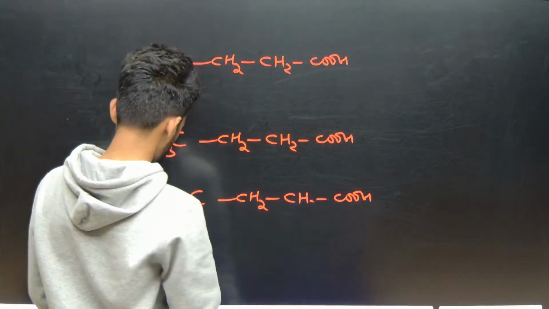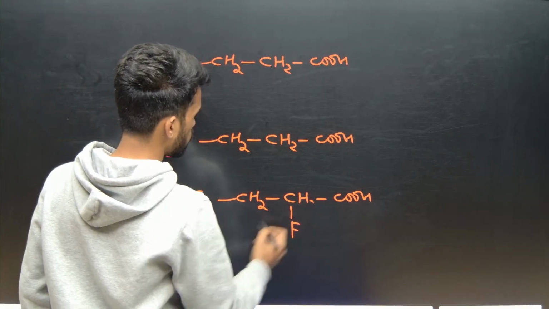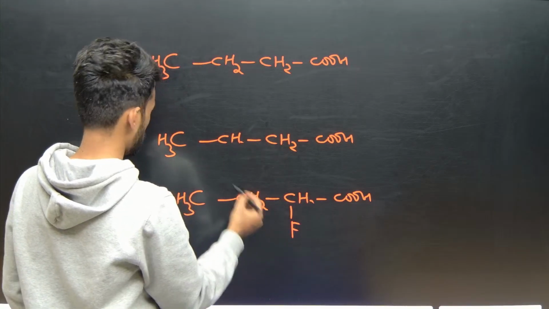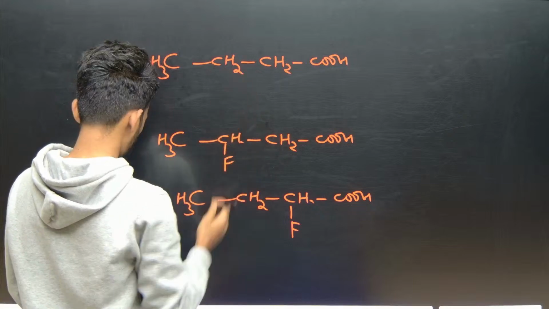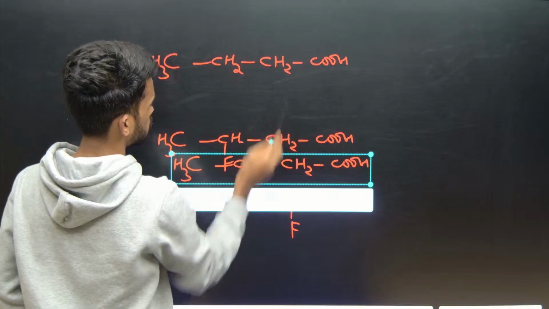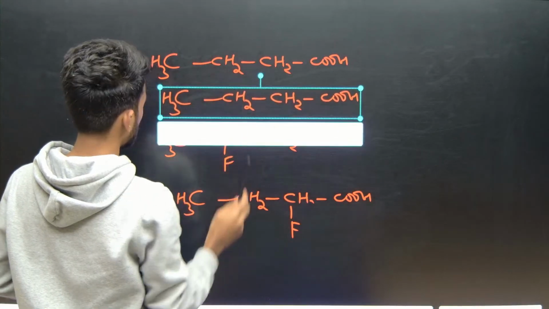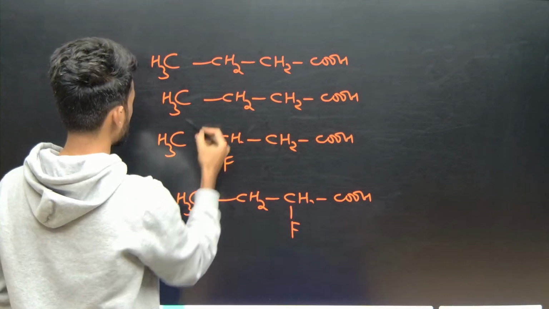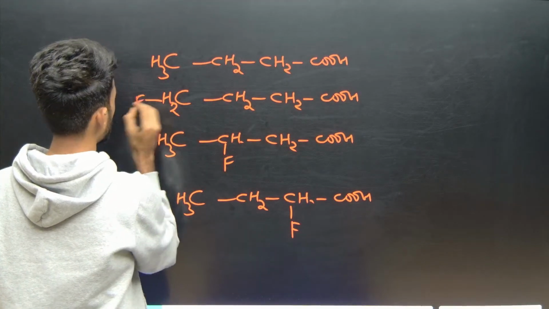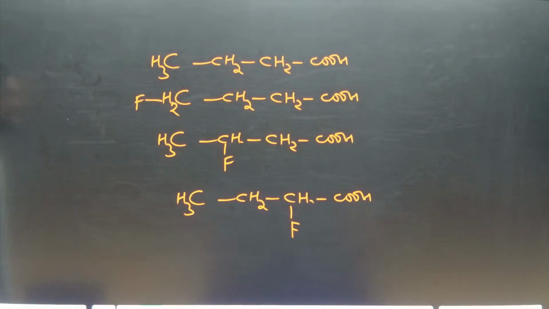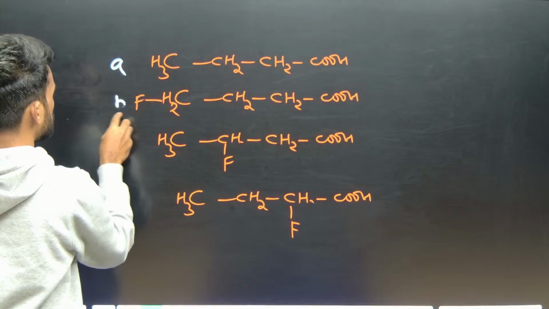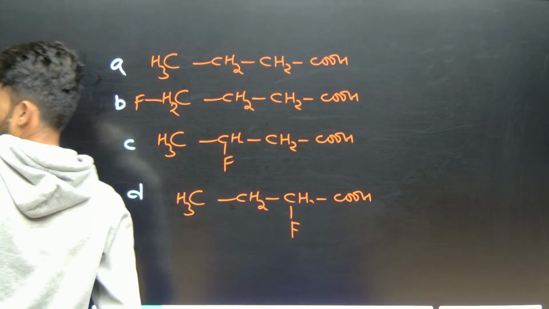Here I am attaching fluorine, here I am attaching fluorine, here there is no group attached, and here I am attaching fluorine. Tell me which is more acidic out of these four, A, B, C, D. Which is more acidic out of these?